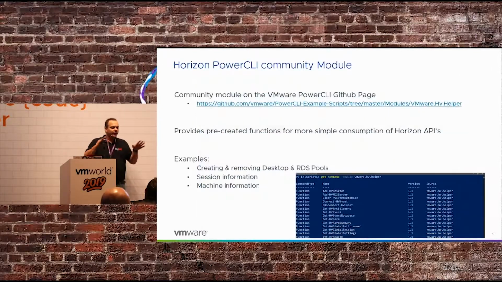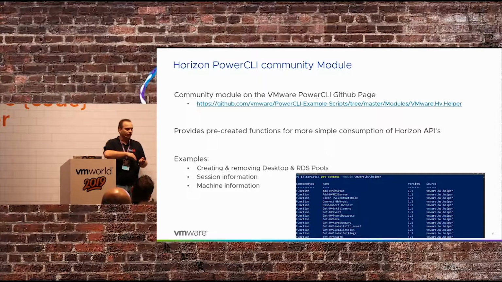Well, the APIs are great, but when VMware created the PowerCLI 6.5, they also created the VMware HV Helper module. After that, they dropped it into the community. I've added some stuff to it. It's not always the most useful, but for example, creating desktop pools, you can create a JSON file.